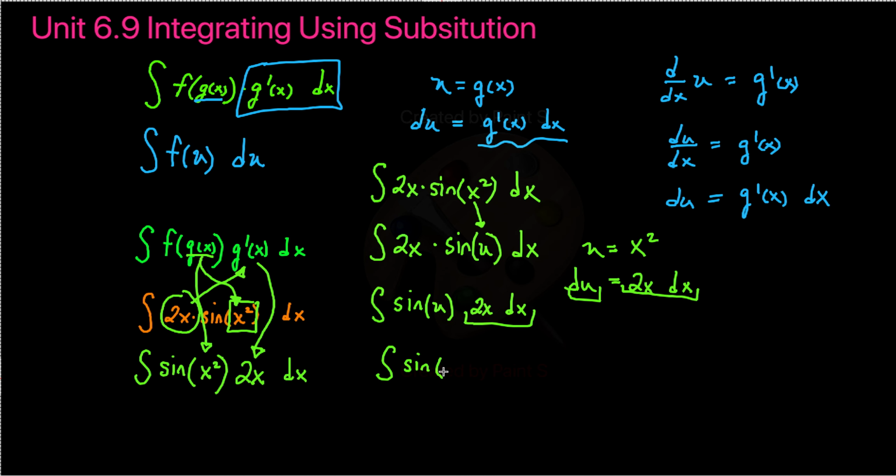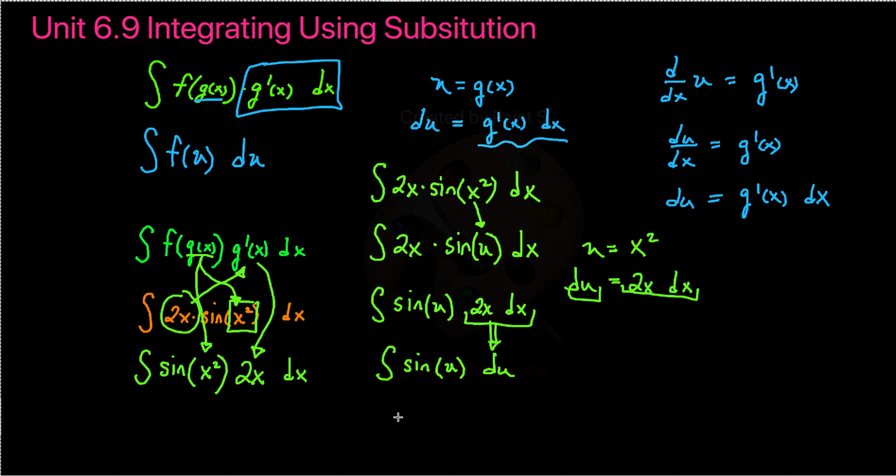So this here, I could just write it as du. Now there's a few other ways. So instead of writing this, I just write what it's equal to, which is just du. And now I find the antiderivative of sine u with respect to just u. The derivative of what is sine?